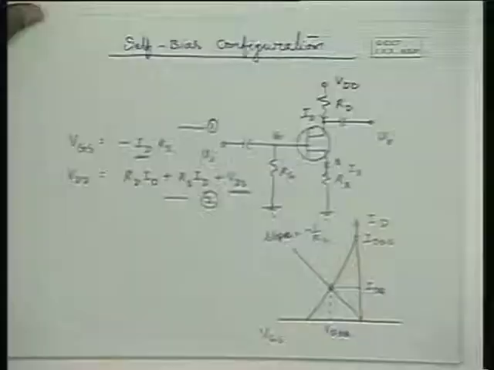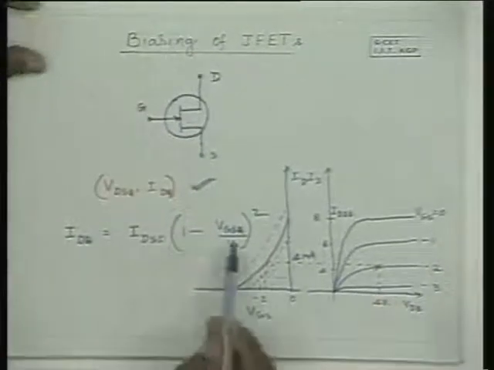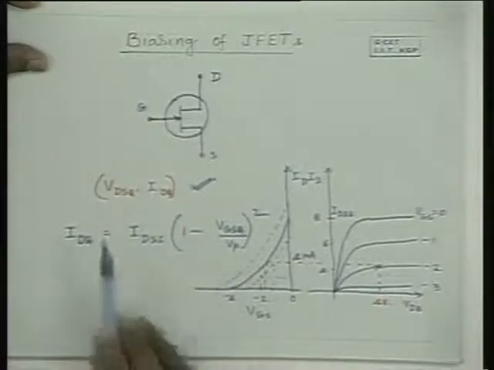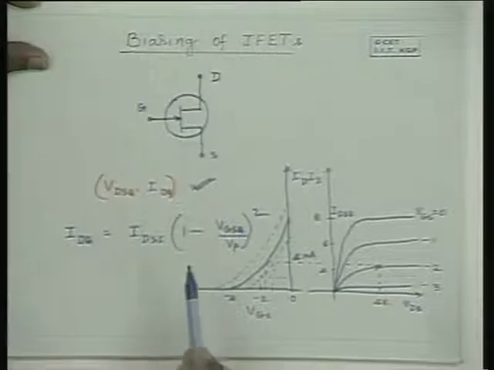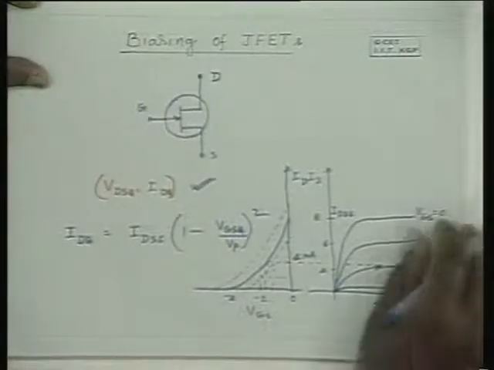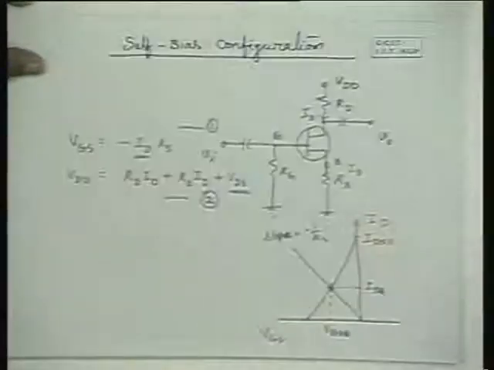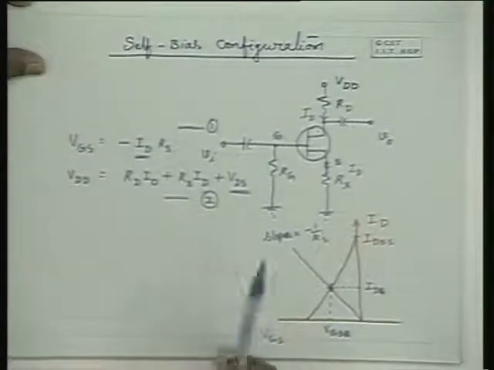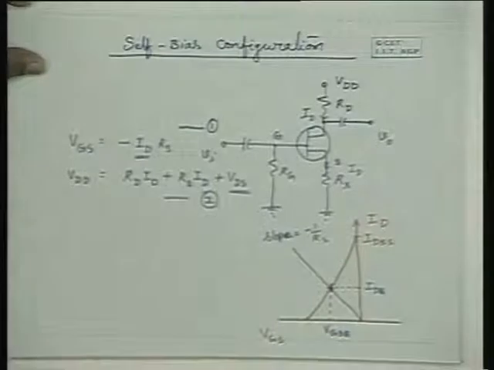Alternatively, you can use this equation to obtain the relationship between VGSQ and IDQ. So this equation and equation 1 can be used to solve for IDQ and then substitute in the second equation to determine the Q point. So this is the self bias configuration.